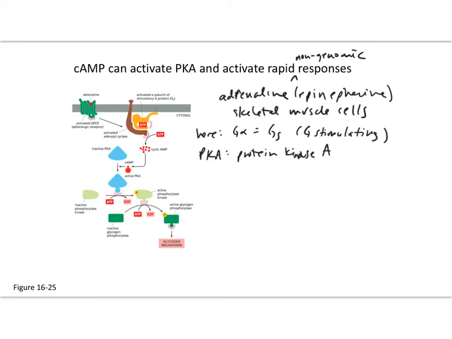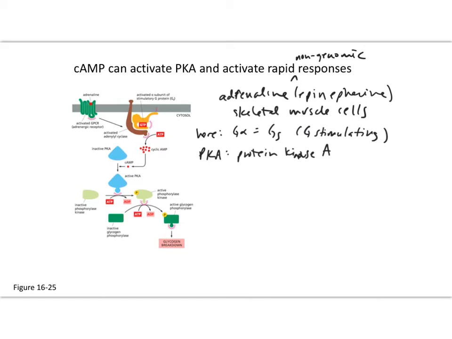So basically here's our activated PKA, and it's going to phosphorylate other proteins, in particular this phosphorylase kinase, shown in green, which is inactive, and then the PKA will transfer a phosphate from ATP to this phosphorylase kinase, putting that in its active form. And then the active phosphorylase kinase can also activate another enzyme by transferring phosphate, and so that grabs another ATP molecule and will add a phosphate to glycogen phosphorylase, inactive form here, and then with the phosphate from ATP, then it's in its active glycogen phosphorylase form.